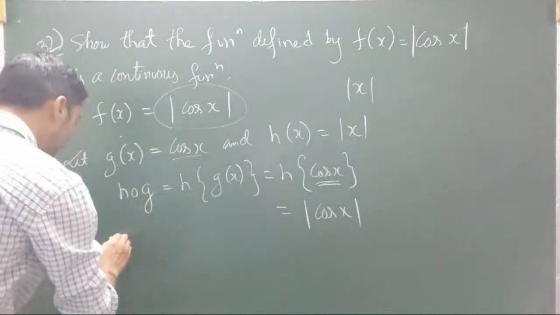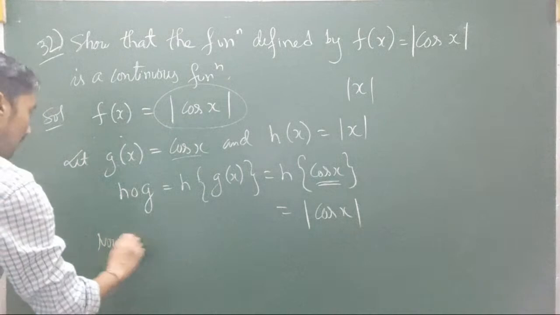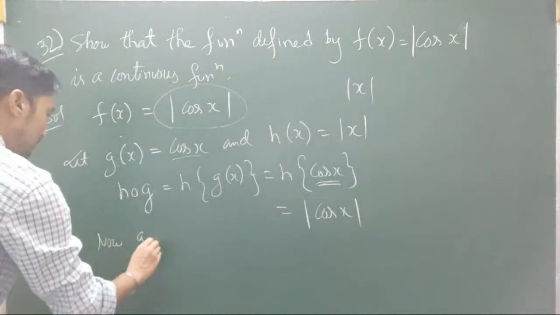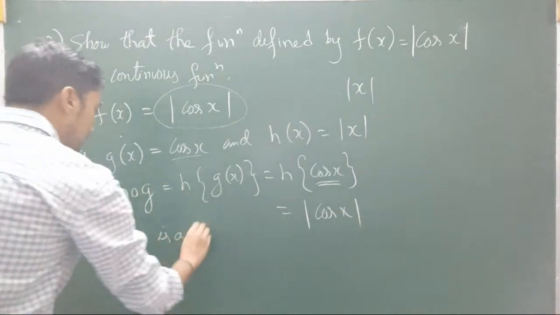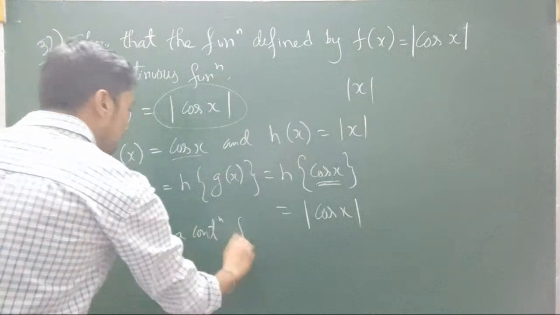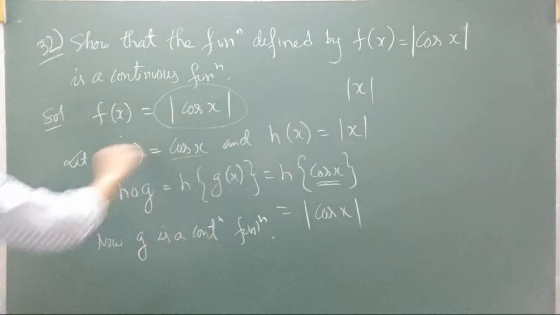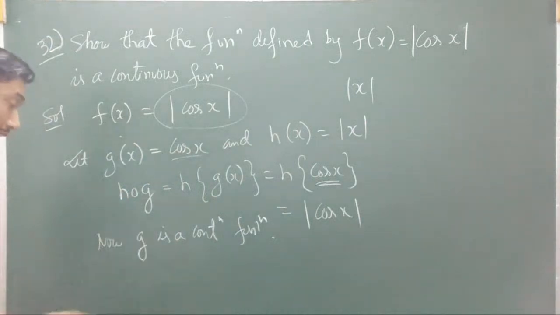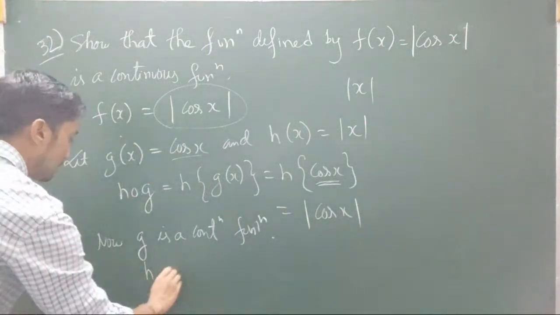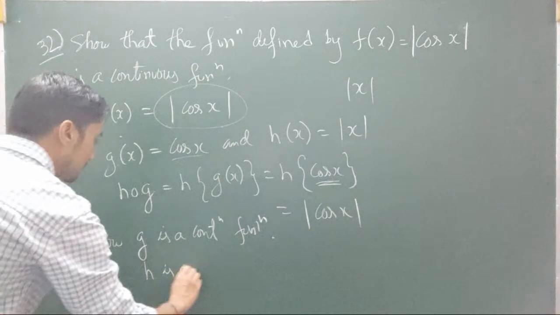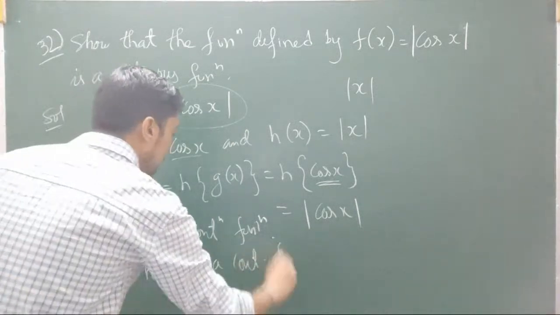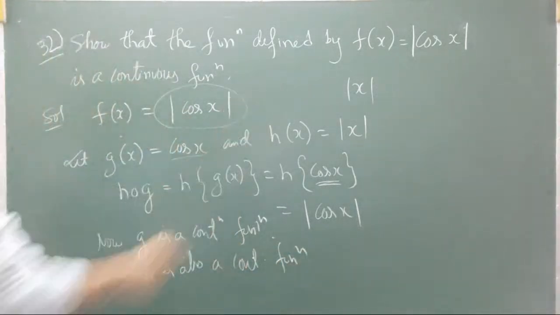So now all we have to do is, g is a continuous function, because in the previous problem also we have seen that cos x is a continuous function, and h is a continuous function because h is a modulus function.